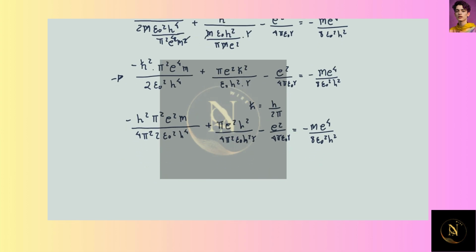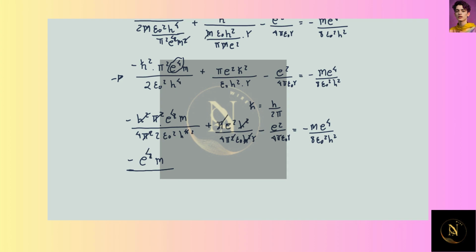Then we can simplify a few things again. So h bar squared with h bar squared, pi with pi, and here we can simplify h bar squared with h to the 4th, pi squared with pi squared, and that's it. Now we get minus e squared times m divided by, oh, there is an h to the 4th. It came from this term. I just forgot to write it.